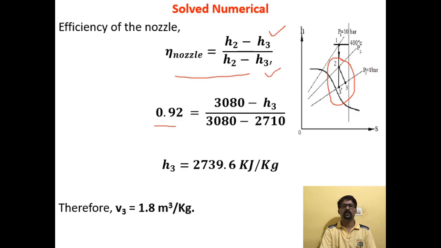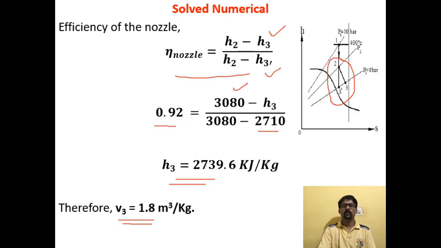H2 already you know the value, 3080. So H3 you have to calculate. H3 dash also you noted. So H3 you will get as 2739.6 kilojoules per kg. Also note down the value of v3 from the Mollier chart at point 3.